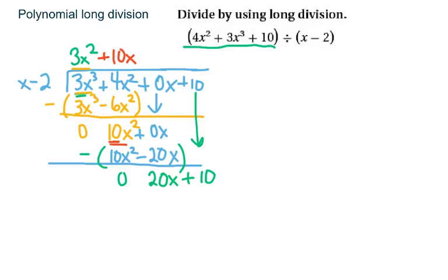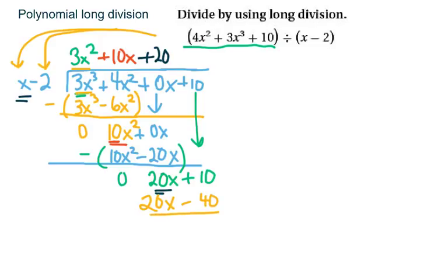Now we're saying, how many times does x go into 20x? It goes in 20 times, so plus 20. And again, I'm going to distribute the 20 to the x and the negative 2, and I end up with 20x and minus 40.